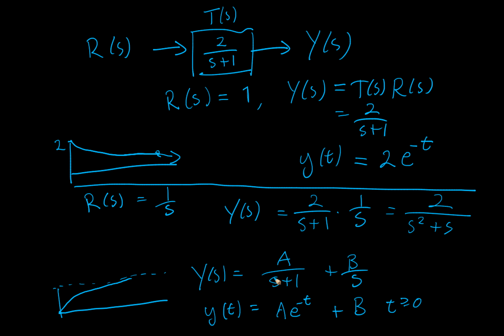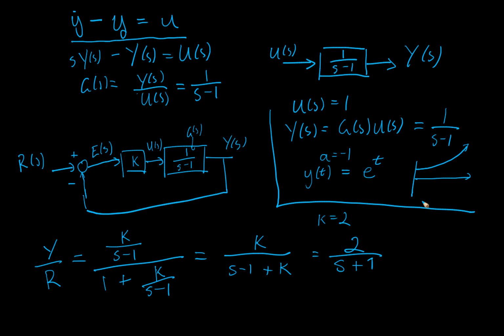What I care about is what the poles of the system are. So I care about the fact that this denominator has a root which has a negative real part, and this overall time response has a constant part plus a decaying exponential part, so we're not going to get any of this unstable behavior.